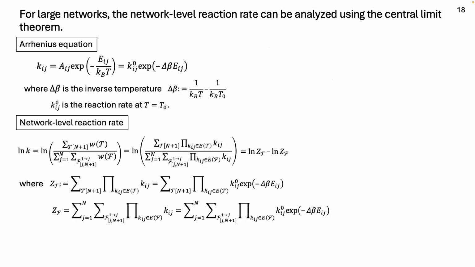ZT is the numerator of this equation, and it can be written as the sum of Kij exponential minus delta Eij, and ZF is the denominator.